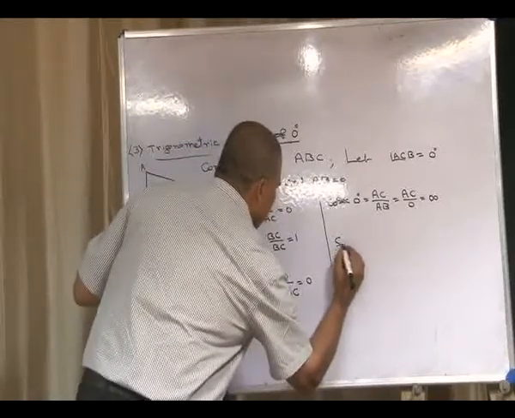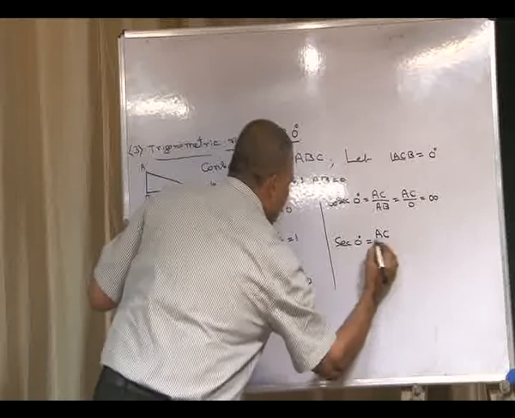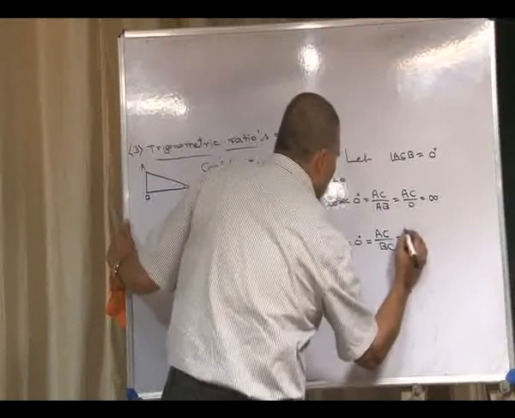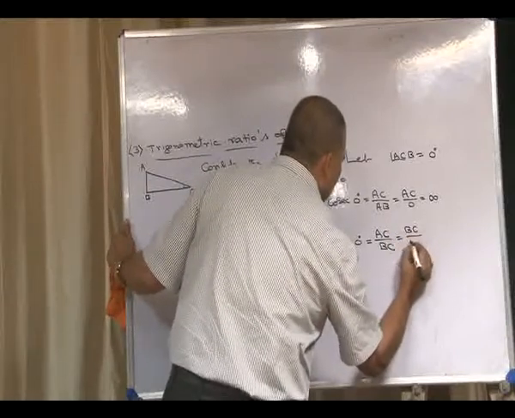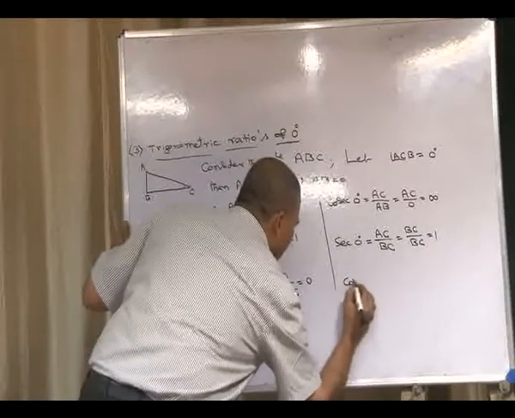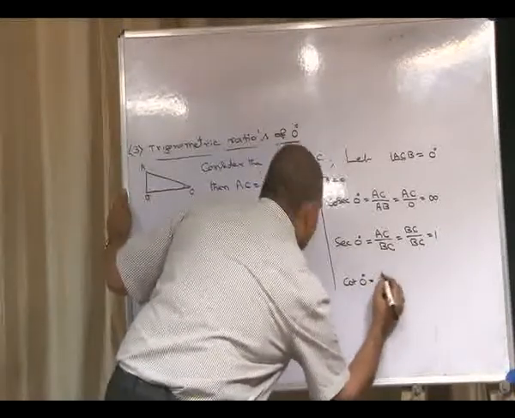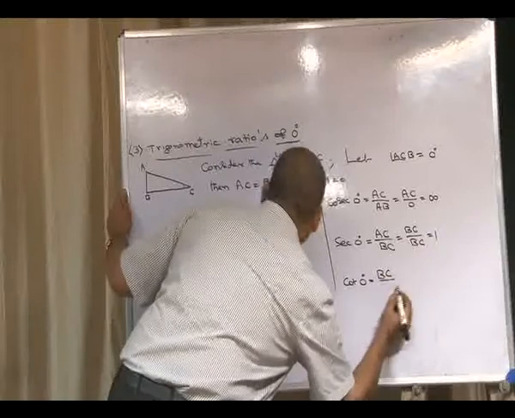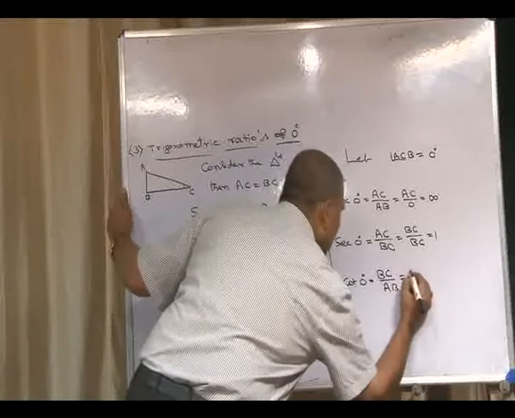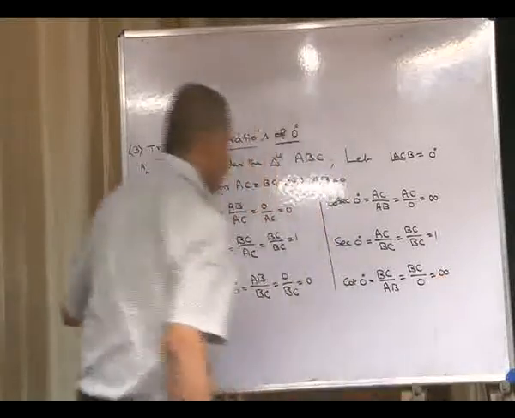Next, secant 0 degree is equal to hypotenuse by adjacent side, that is AC by BC, that is BC by BC, equal to 1. Cot 0 degree is equal to adjacent side BC by opposite side AB, that is BC by 0, equal to infinity.